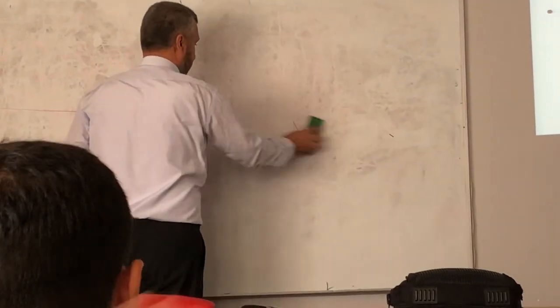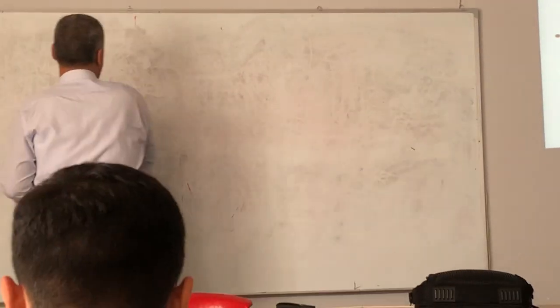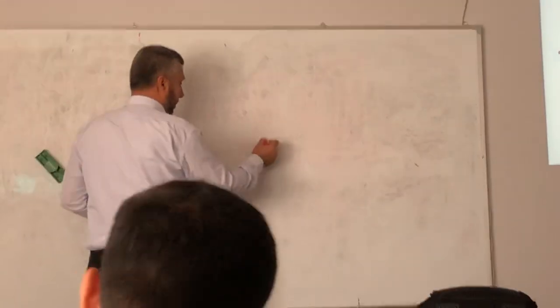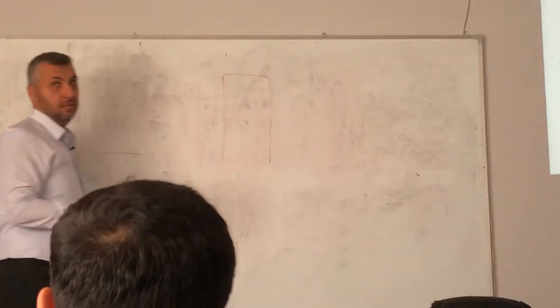This is class 3, tooth bounded, or class 4. Already I have two parallel surfaces, only one path of insertion.